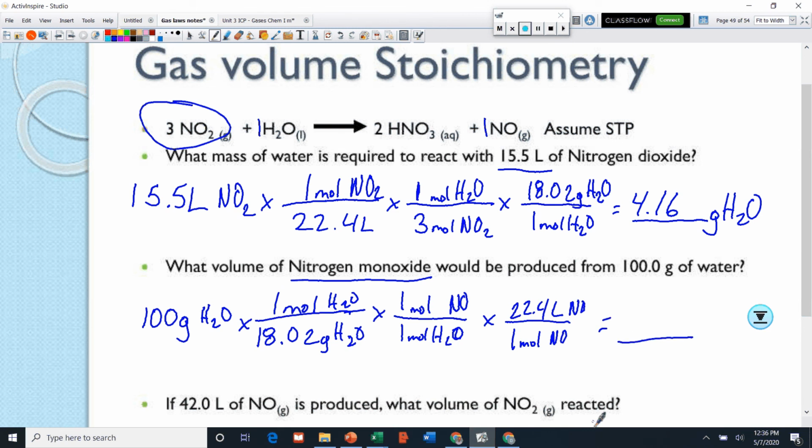Then you can go ahead and solve, and that's going to give you liters of nitrogen monoxide. So you would end up with 124 liters of nitrogen monoxide.